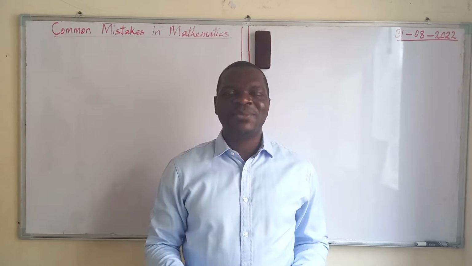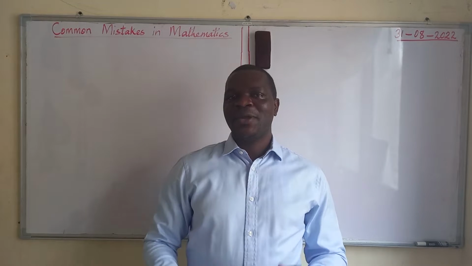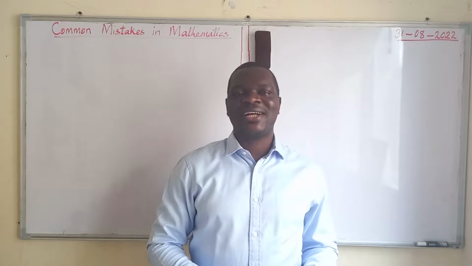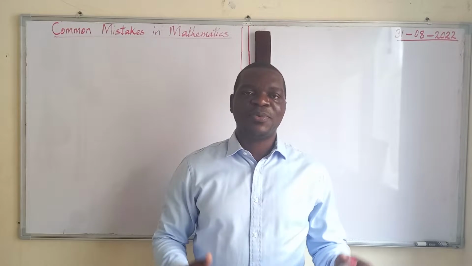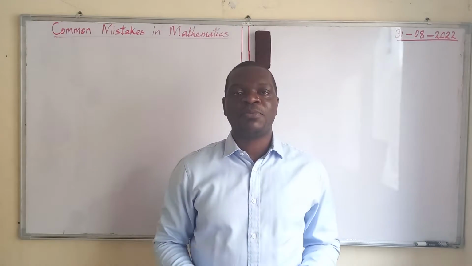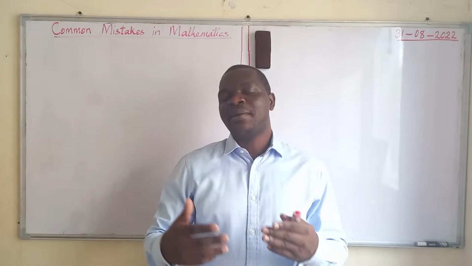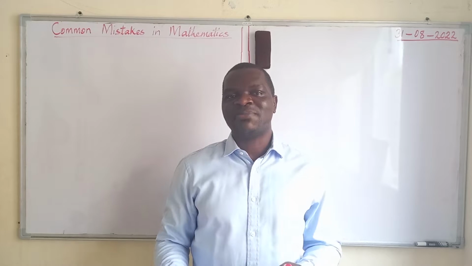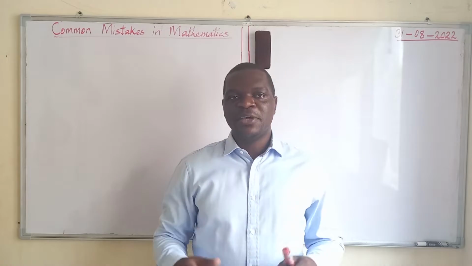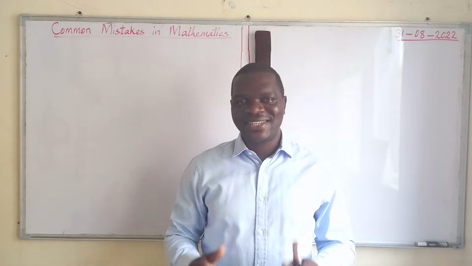Sometimes we are tempted to make unnecessary repetitions which sound tautological and of course confusing to young learners. So today we'll be looking at some of these common mistakes and of course proposing better ways on how to express these mathematical situations. Without waste of time, we'll go straight away into looking at these issues.